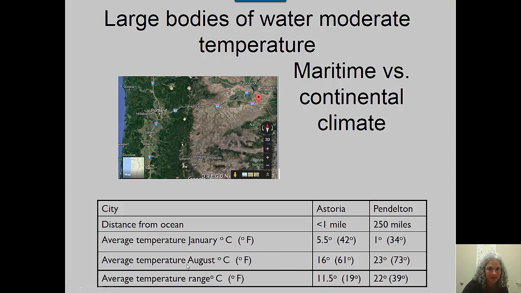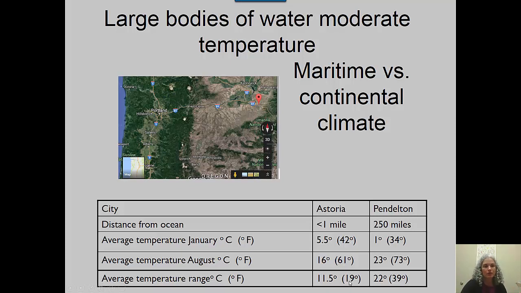Likewise, in the summer months, we'll see that the ocean is going to be relatively cold compared to the air, and it's going to cool things down in Astoria compared to the temperatures that they would experience inland, where they're farther away from the ocean in Pendleton. So put it all together and you see that there's going to be a reduced temperature range in Astoria.